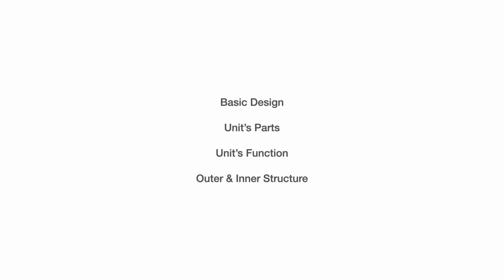All right, so far we've got the parts for the basic design. We've got the outer structure parts and we've got the inner structure parts. So essentially the basic design unit is complete.